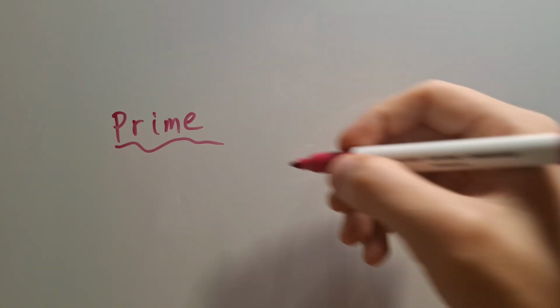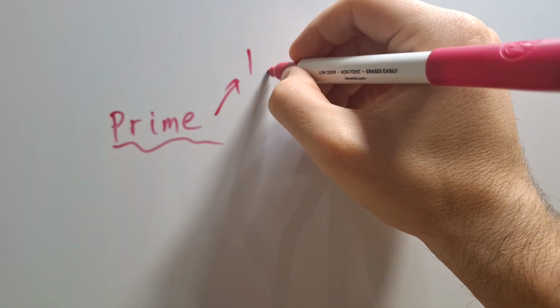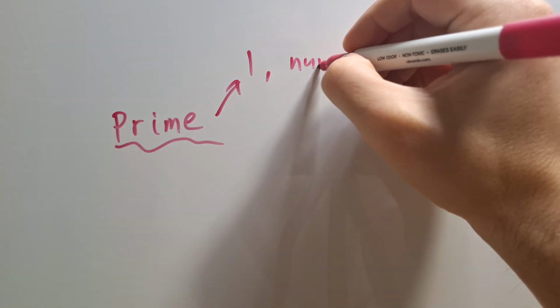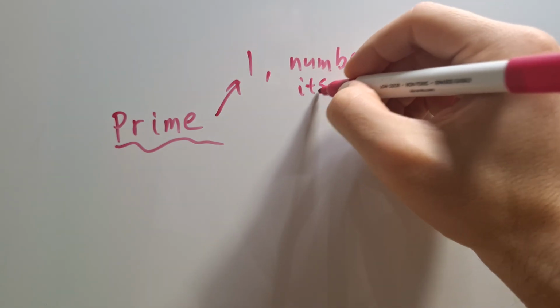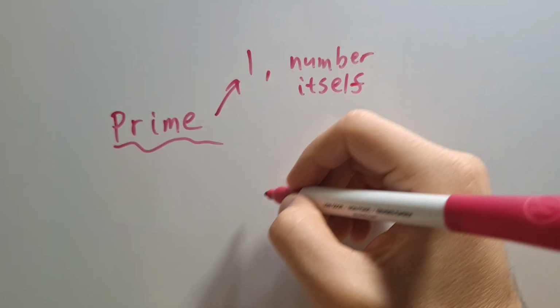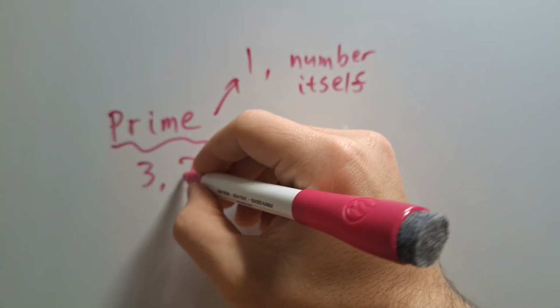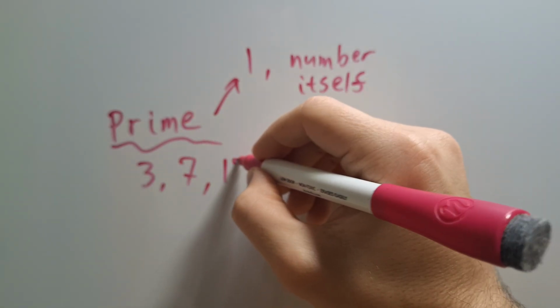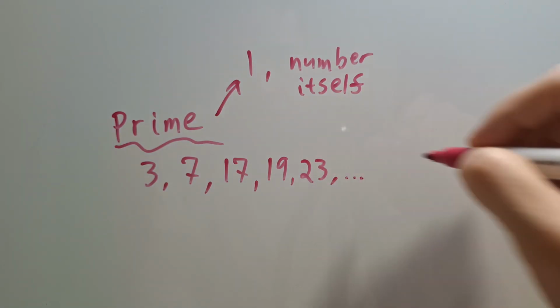A prime number is a natural number that only has two factors, and those factors are 1 and the number itself. So for instance, the numbers 3, 7, 17, 19, 23, the list goes on and on.